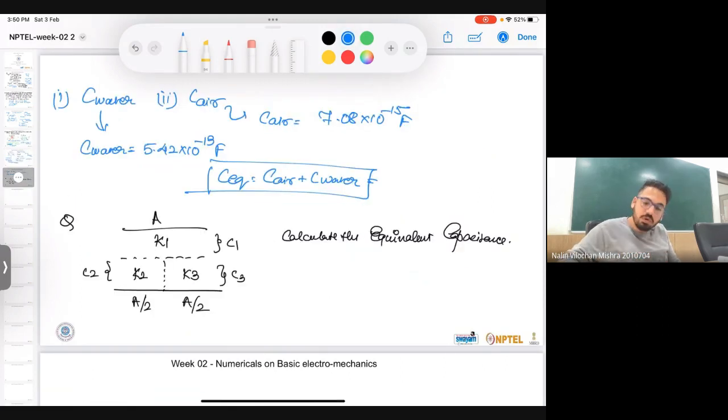Okay. What about this? What is the C equivalent value?